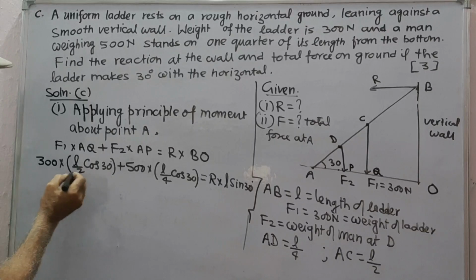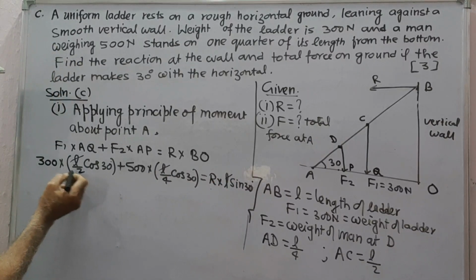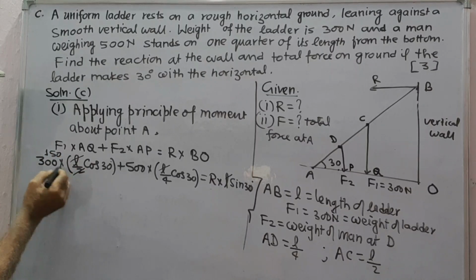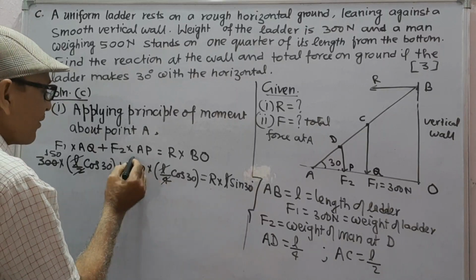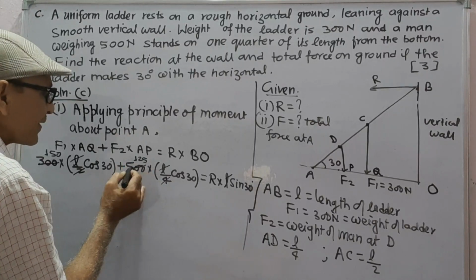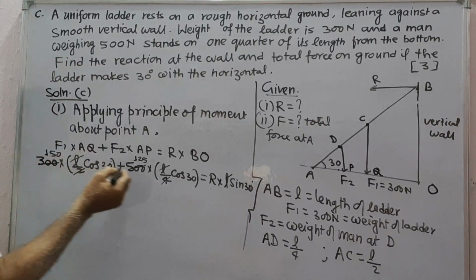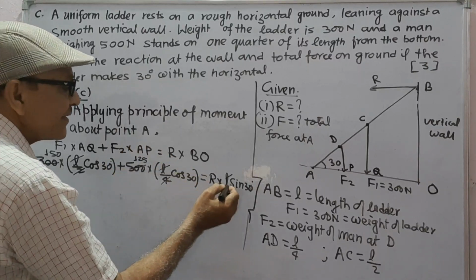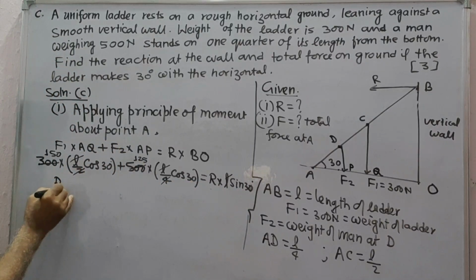L cancels, we get 150 cos 30 plus 125 cos 30 is equal to R sin 30.